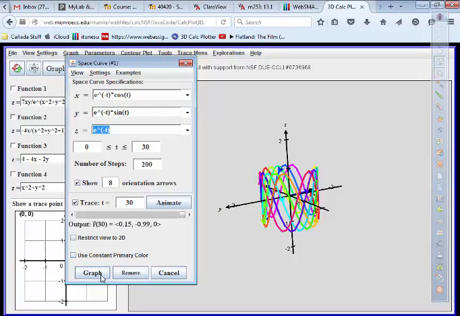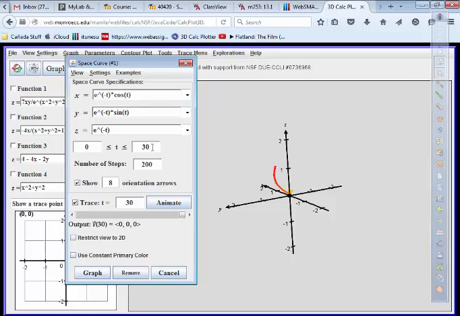Let's take a look at this graph. So this graph didn't really give me much information here because, another part of being able to graph things properly is to really use the information that you have and then use it correctly.